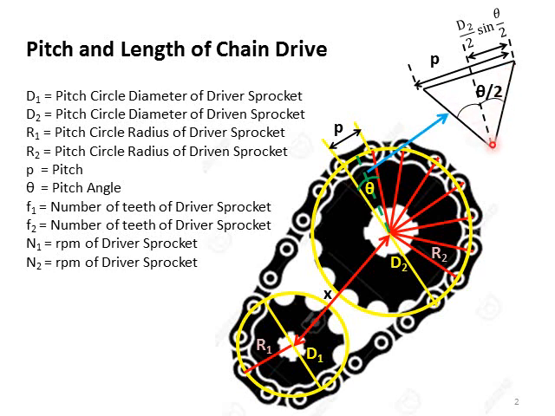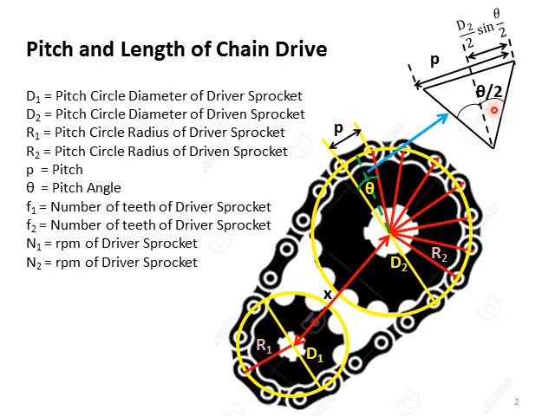If we divide this in half, then half of the angle becomes theta by 2, whereas the hinge to hinge distance is represented by P. So for a single chain element, this hinge to hinge distance is denoted by P. The whole angle is theta, whereas half of this bigger triangle is denoted by theta by 2.